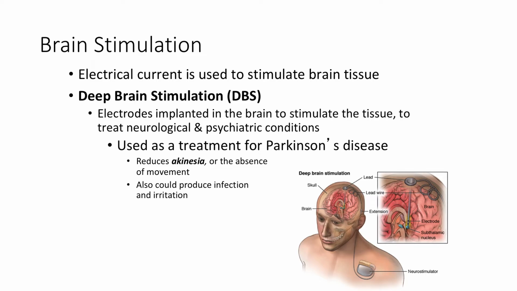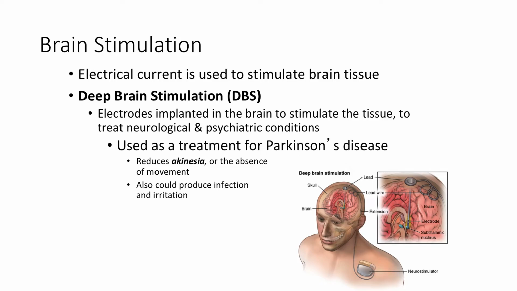One example that I just mentioned is Parkinson's, and I want to talk a little bit more about that. Parkinson's disease, as you all know from previous videos, is characterized by tremors and also akinesia, which means the absence of movement.